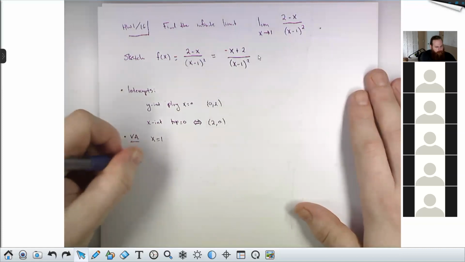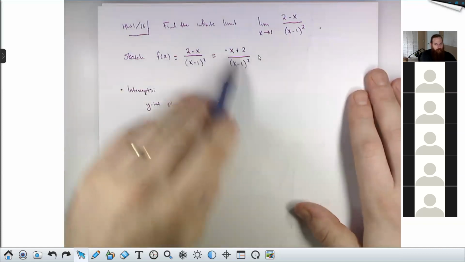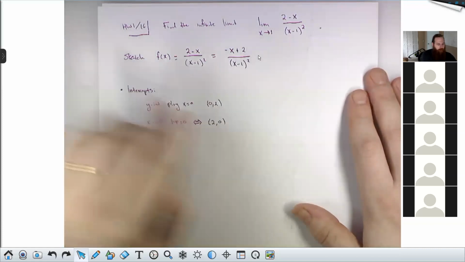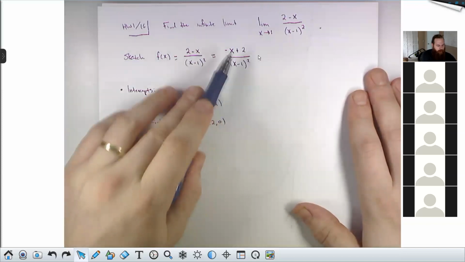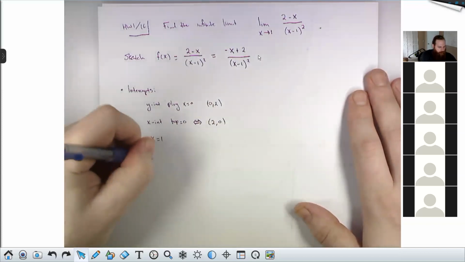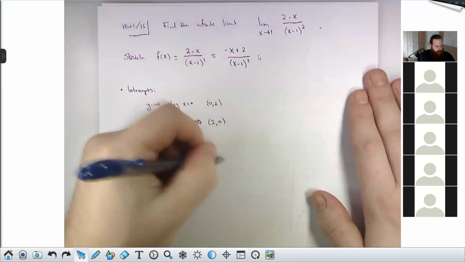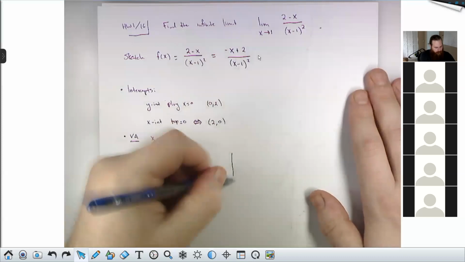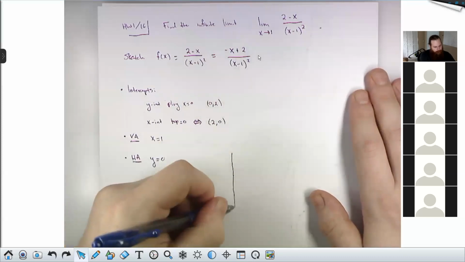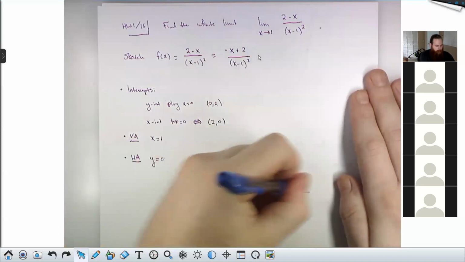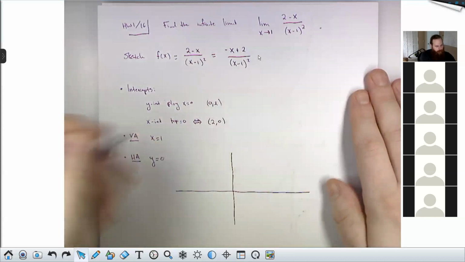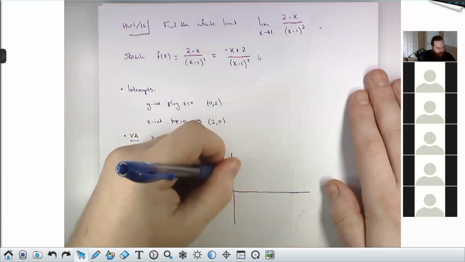Find the horizontal asymptotes. That comes from comparing the degree of the top to the degree of the bottom. The degree of the bottom is 2, which is larger than the degree of the top, so that HA will be y equals 0. And with this information, I could try to draw a nice picture. I know that I go through 0, comma 2.